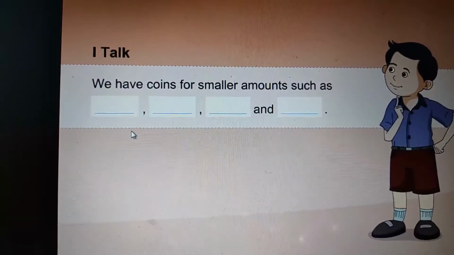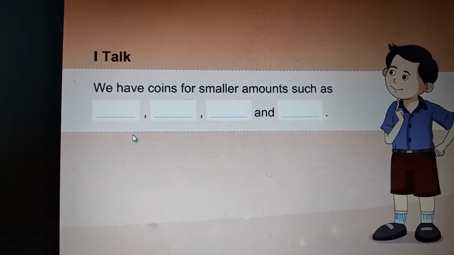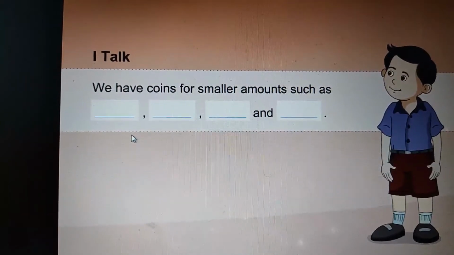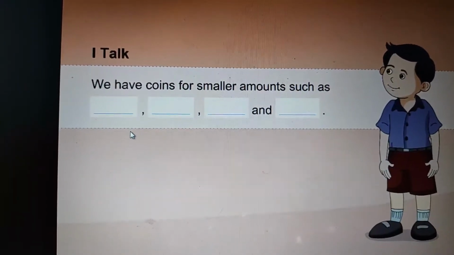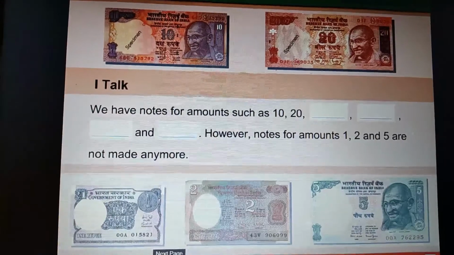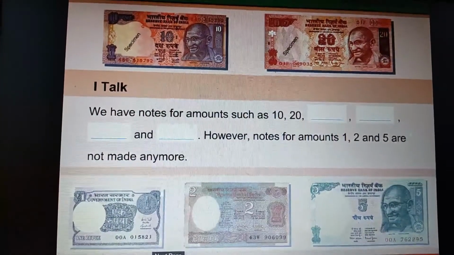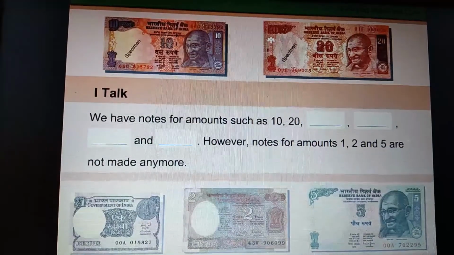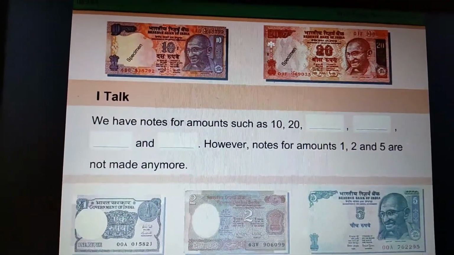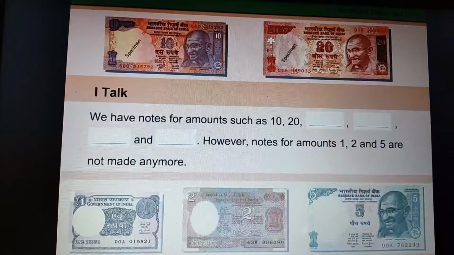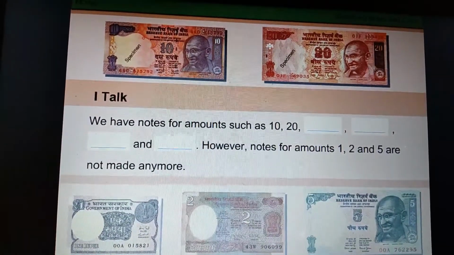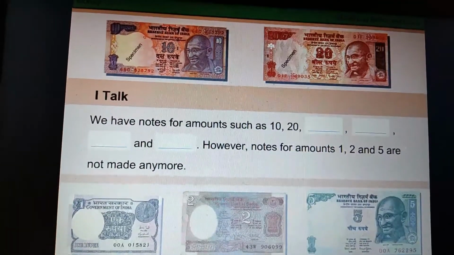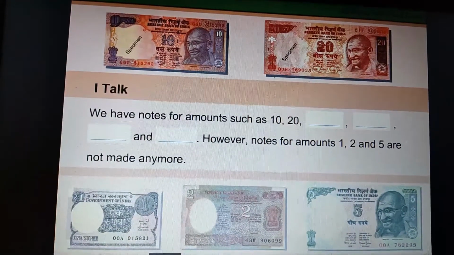We have coins for smaller amounts such as 1 rupee, 2 rupees, 5 rupees and 10 rupees. Also, we have notes for amounts such as 10, 20, 50, 100, 500 and 2000. However, notes for amounts 1, 2 and 5 are not made anymore.